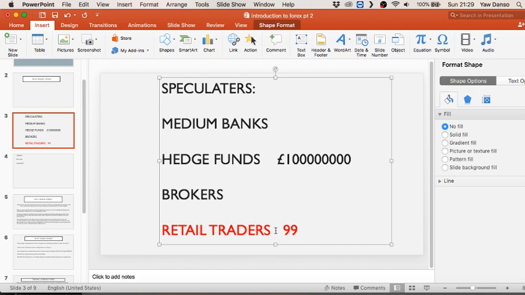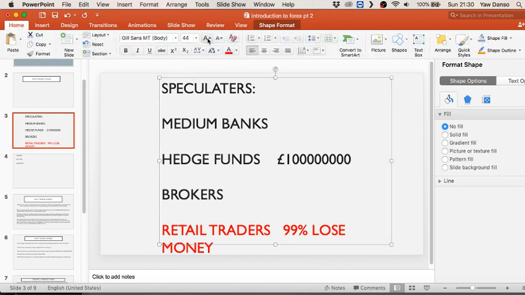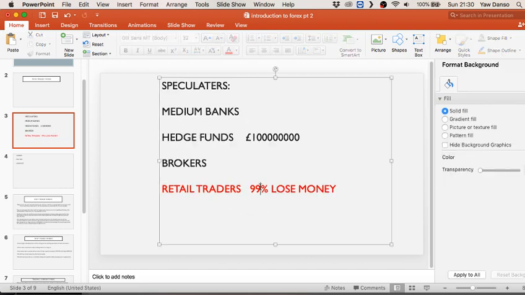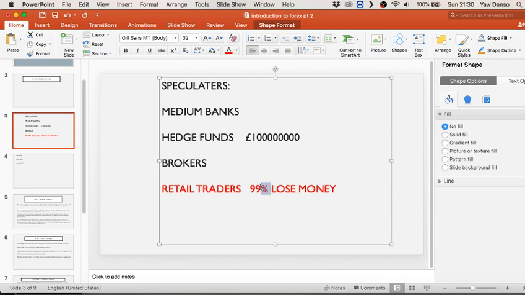There's, I wouldn't say a myth, but they say that 99% of retail traders lose money and only 1% makes money.